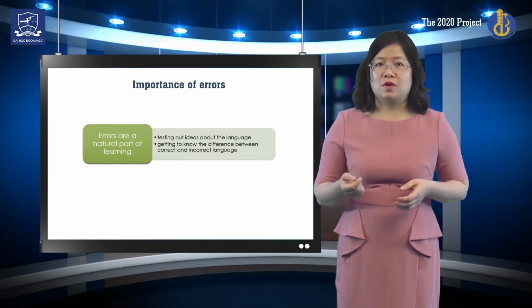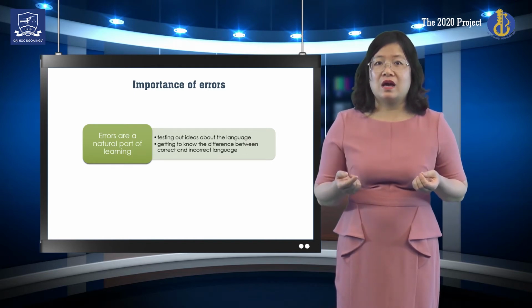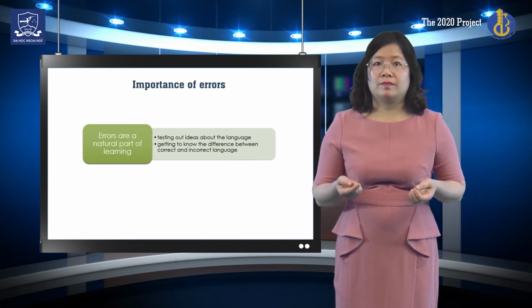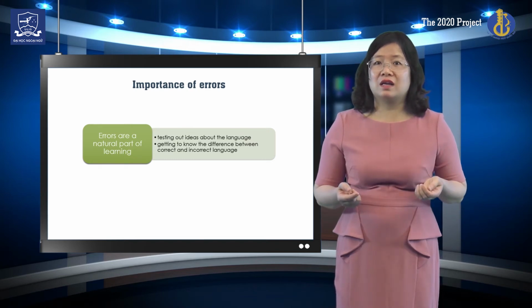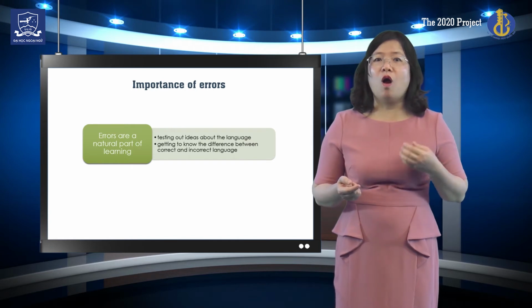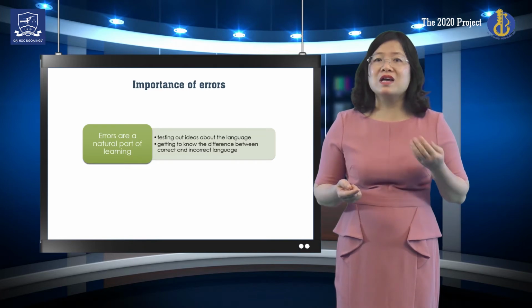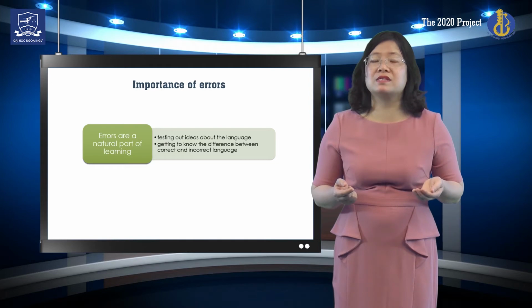Through their attempts with the new language, students' natural mental processes are working on and experimenting with it. By making attempts, language learners realize that they don't know something and they try to put it right. For example, if you fall off a bicycle through your own fault, you realize that you did something wrong and you make sure you don't make the same mistake again.